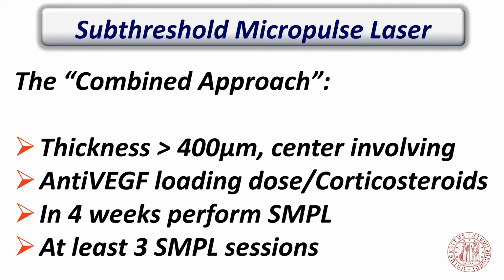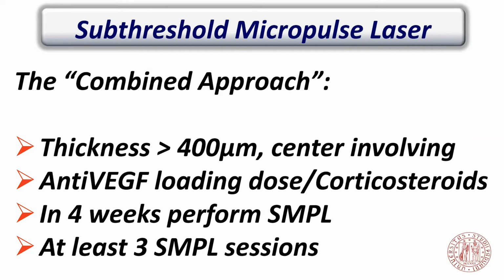If the thickness is more than 400, don't use subthreshold micropulse directly. If center involving, begin with a loading phase of anti-VEGF or a corticosteroid, if you prefer the corticosteroid as first-line treatment. And 4 weeks from the beginning of the loading phase, you have to perform subthreshold micropulse, because the retina is absolutely thinner than 400.